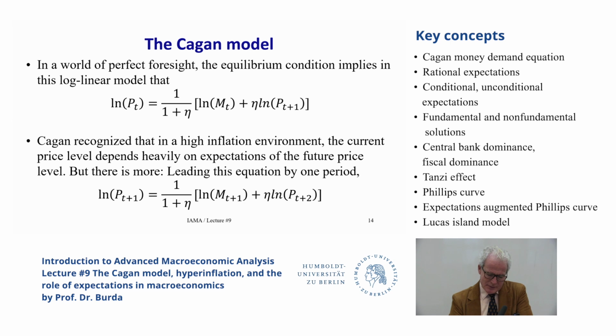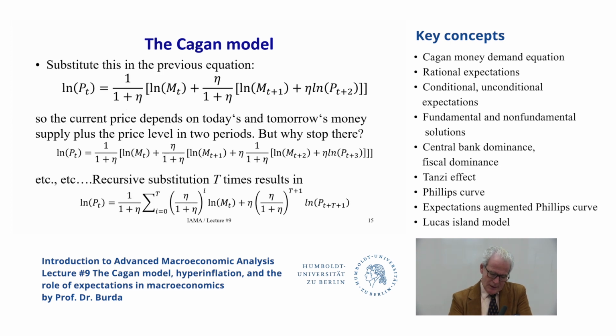Tomorrow's price level is going to depend on tomorrow's money supply plus the next day's expected price level. Okay, so we have a recursive situation in which we can take the latter equation and substitute it in the former, and we see that the price level today is dependent on two money supplies, one today and one tomorrow, and the price level on the day after tomorrow.